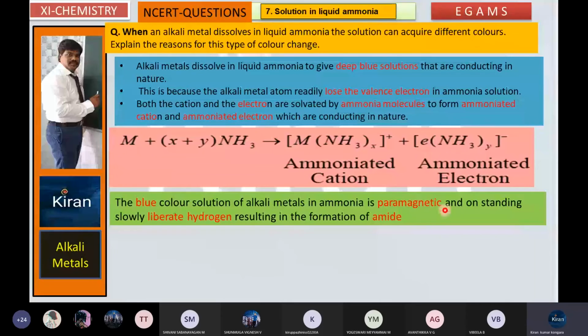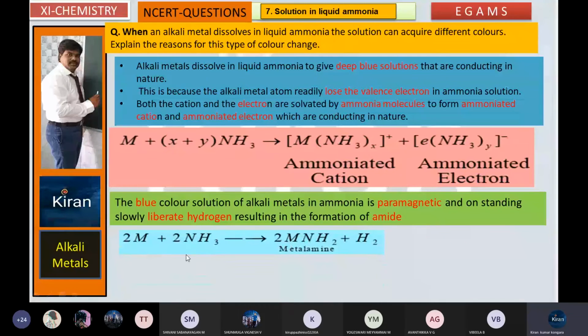And on standing for a long time, this blue color slowly changes into another compound, that is amide, along with the liberation of hydrogen gas. So that also I am going to show you the reaction. Just look at the screen.